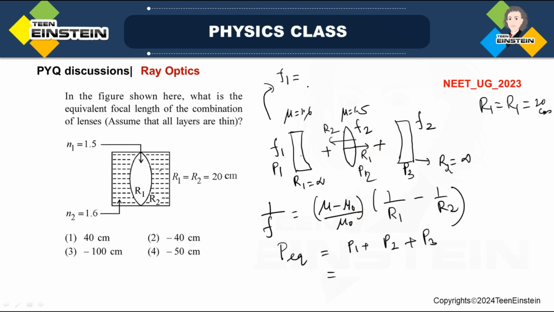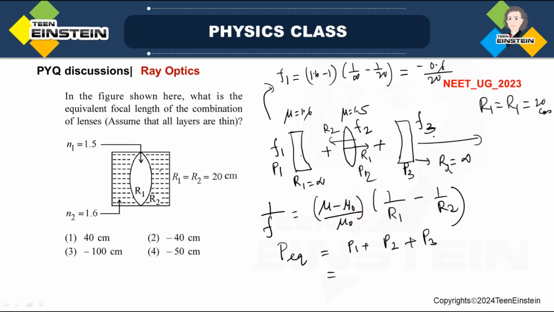1 over f1 will be mu minus 1, that is 1.6 minus 1, multiplied by 1 over infinity minus 1 over R2. R2 is the same as this, 20, so you will get minus 0.6 divided by 20. Okay, this I'll get.